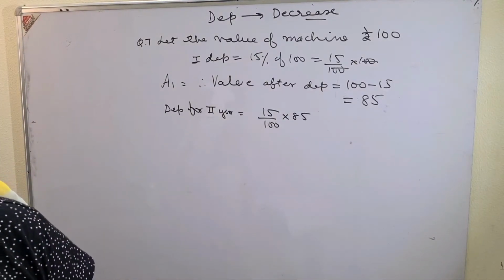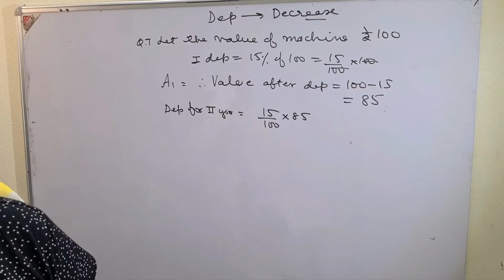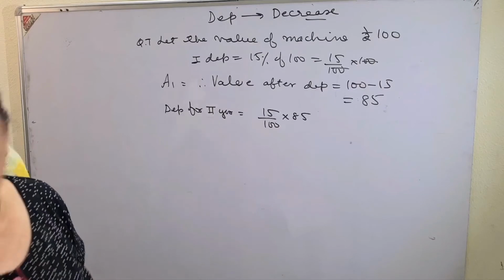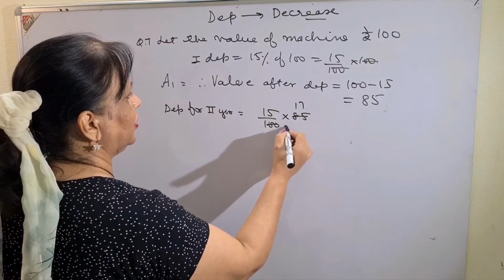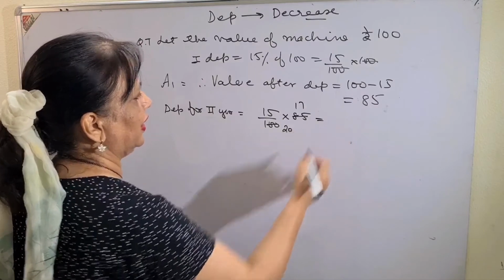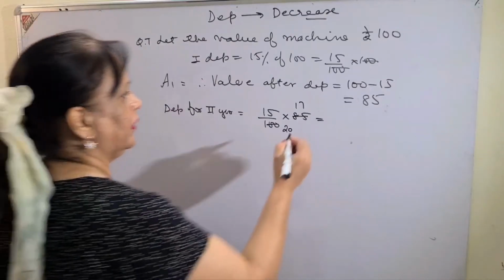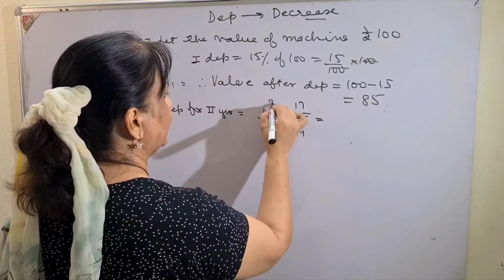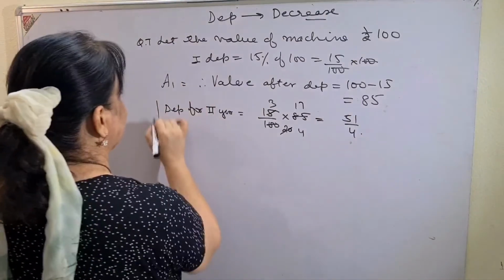It is very clearly written. So 15% of 85, you can calculate it, and you will get around 51 upon 4. So this is your depreciation in the second year.